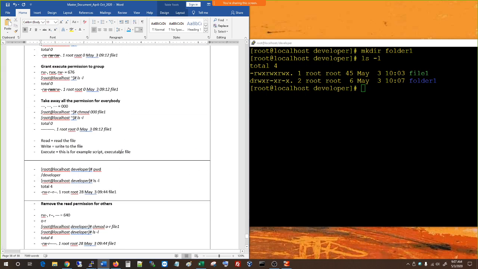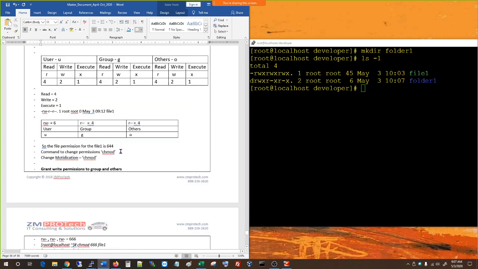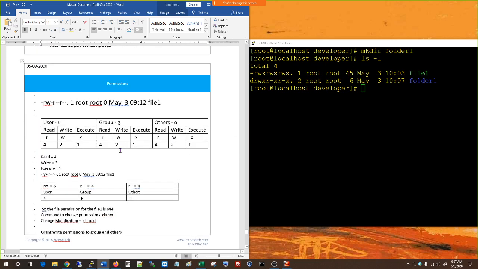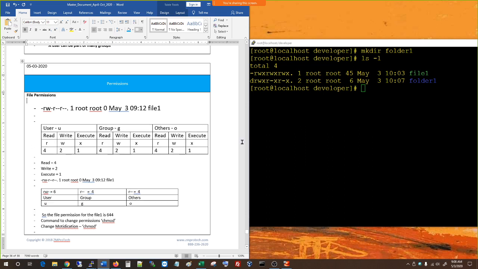Okay, so far we worked only on single file permissions, okay? So this is the file permission.